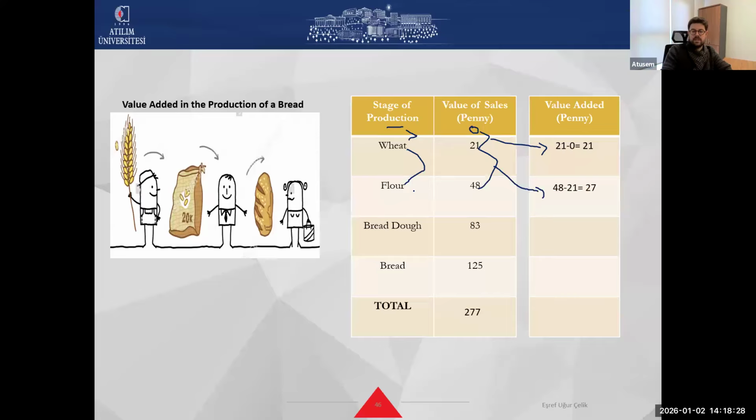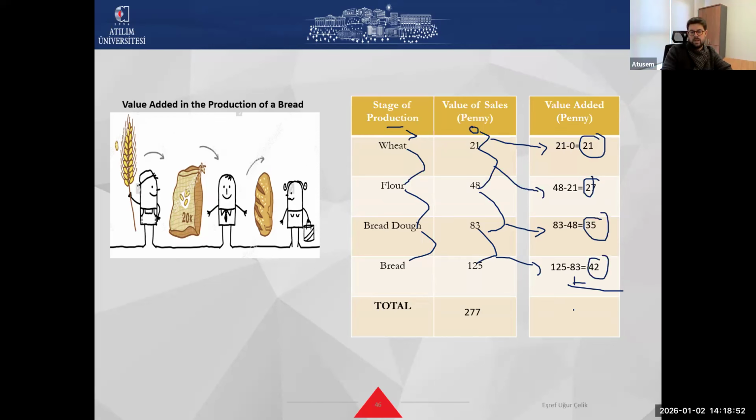Flour to bread dough, 35. Bread dough to the bread is 42. Okay, let's get the summation of all these value added. I think that is equal to 125.